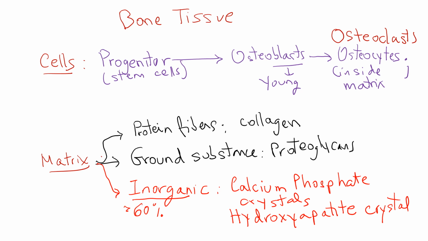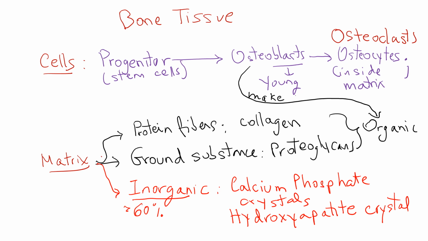Protein fibers and ground substance is an organic component made and secreted by osteoblasts. The organic component of the bone matrix is also called the osteoid.